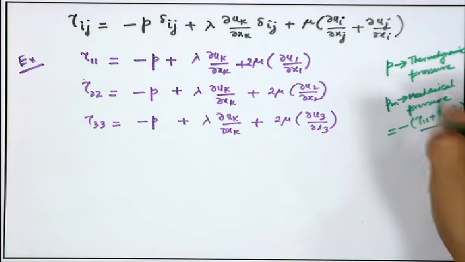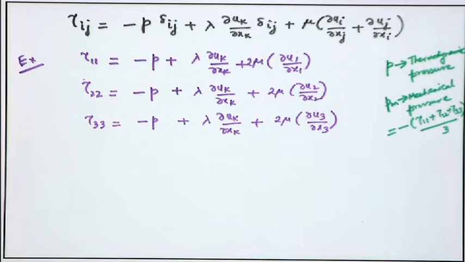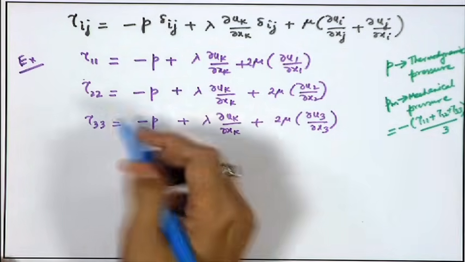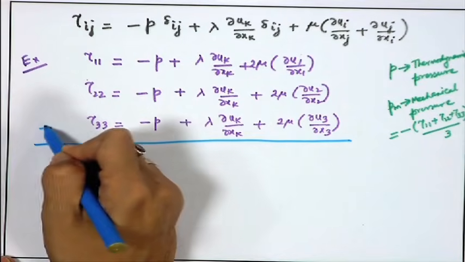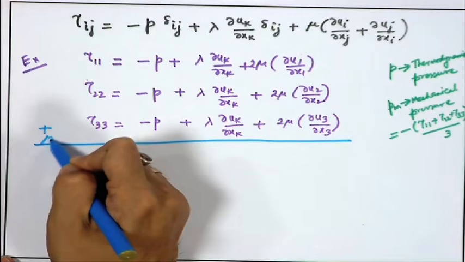So, this is that arithmetic average of the normal components of the stress. So, let us find the mechanical pressure. What we will do is add this and divide by 3.